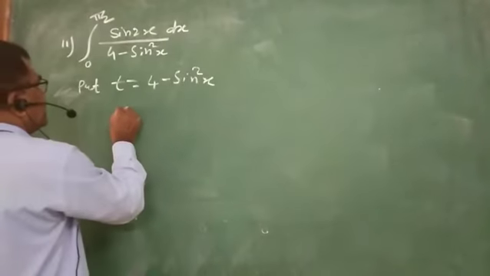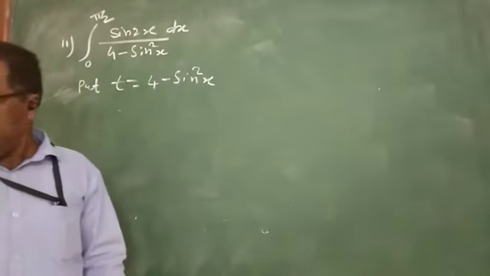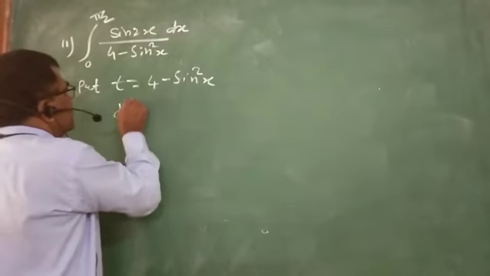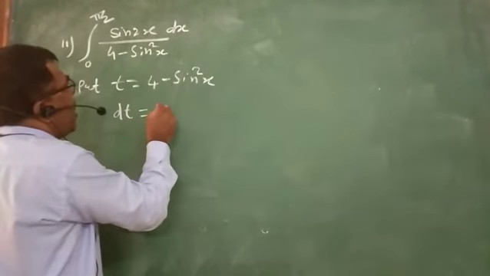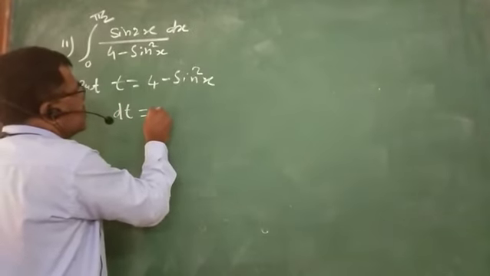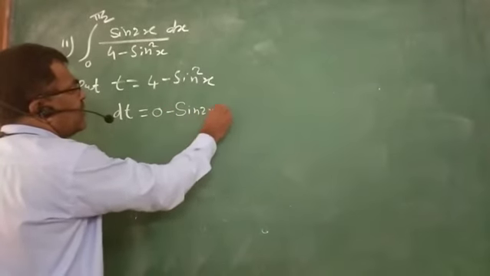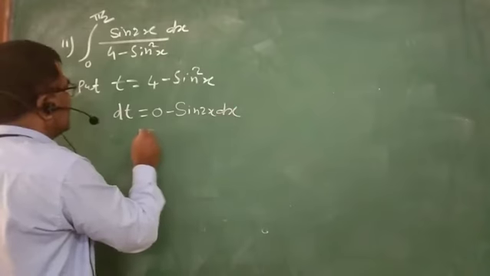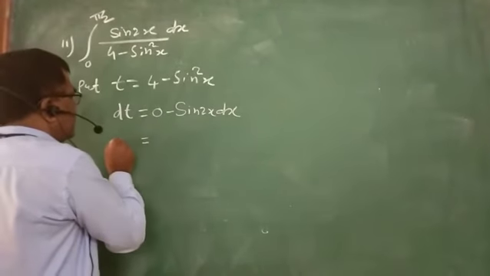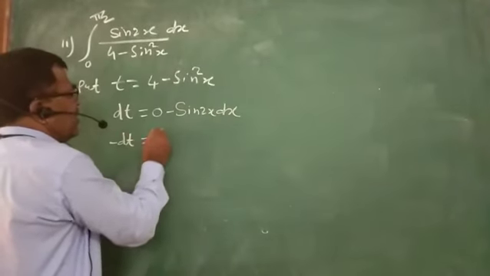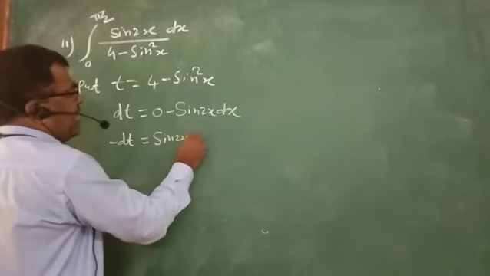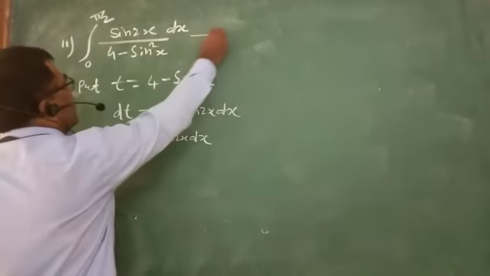That is dt equal to 0 minus sin 2x dx. That is, minus dt equal to sin 2x dx.